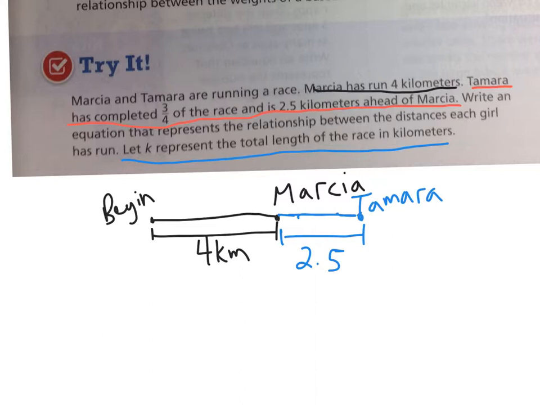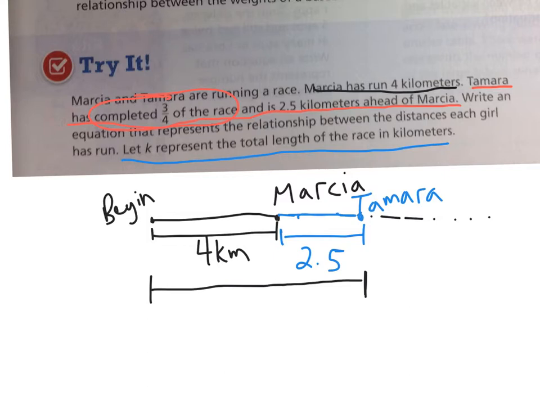So kind of like the bar diagrams the book has done with some of the problems, if we think about this, what they're telling us is that Tamara has completed 3/4 of the race. So again, she has a little bit to go yet. There's a little bit of the race she has not run yet. But if we think about it, this total distance that Tamara has gone represents 3/4 of the race.